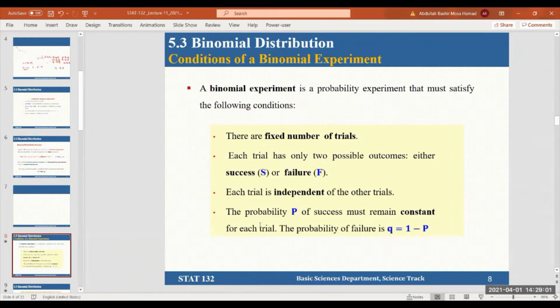The third condition, the trials should all be independent. Each trial should be independent from the other trials. The last condition, the probability of success must remain constant for each trial.